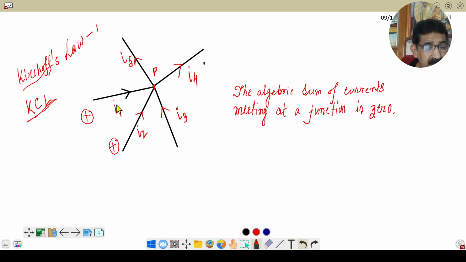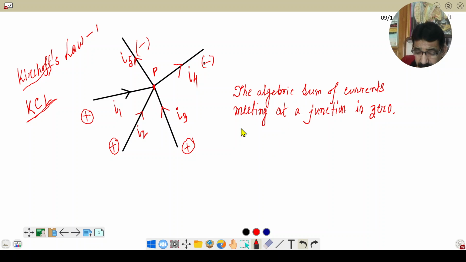So this current is positive, this is also positive, and this is also positive. And the current going away from the junction to other points should be taken to be negative. So this current is negative, and this current I5 is also negative.